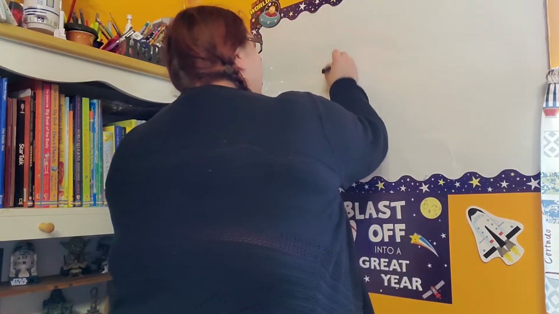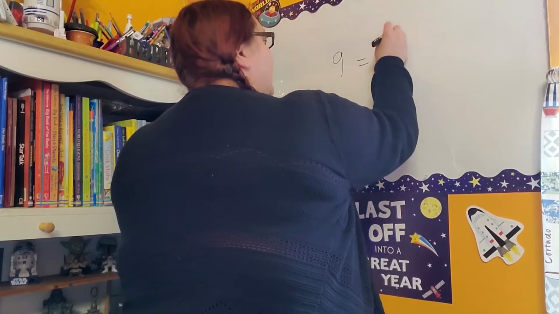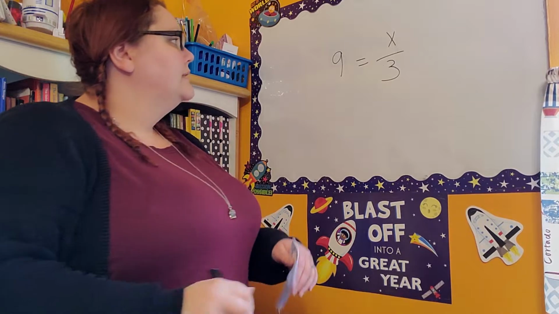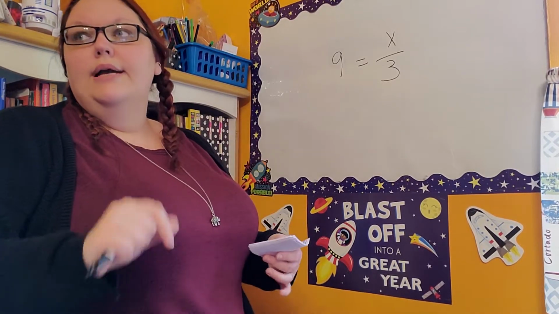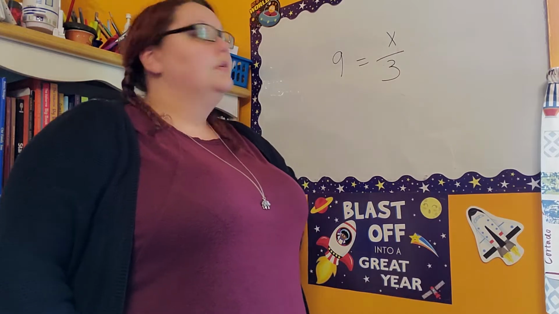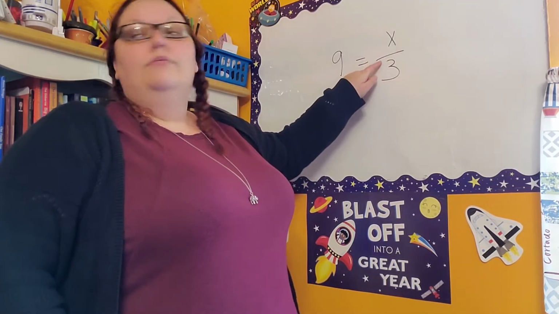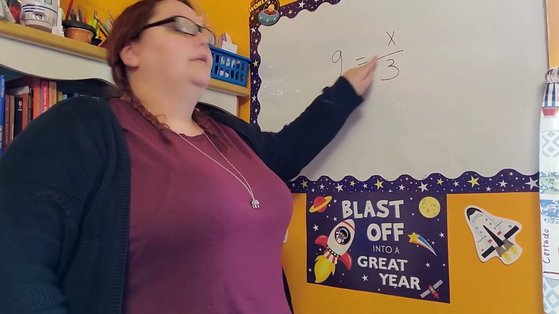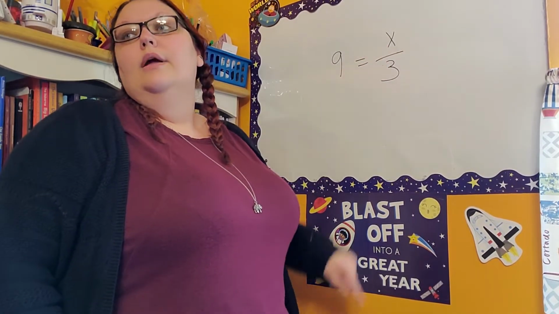All right, so we have 9 equals x divided by 3. Okay, so Nikolai, what is our operation here? What are we doing on this side? Times. Okay, so what does this symbol mean? Divide. Exactly.